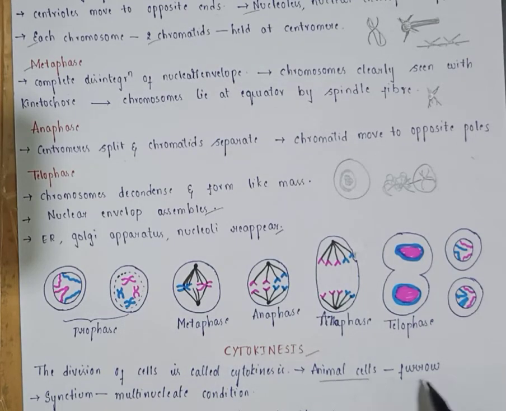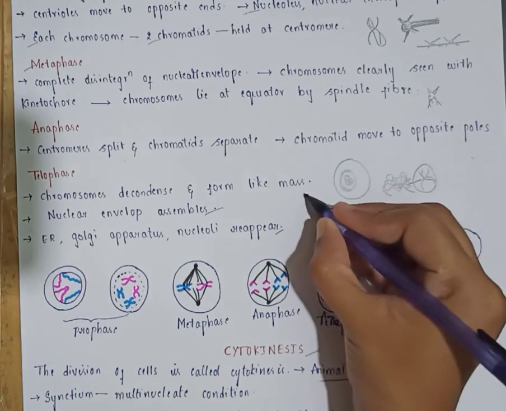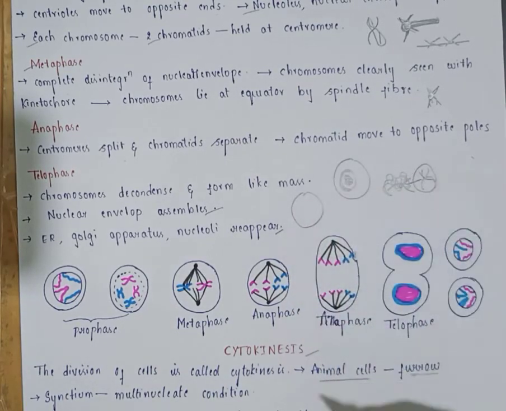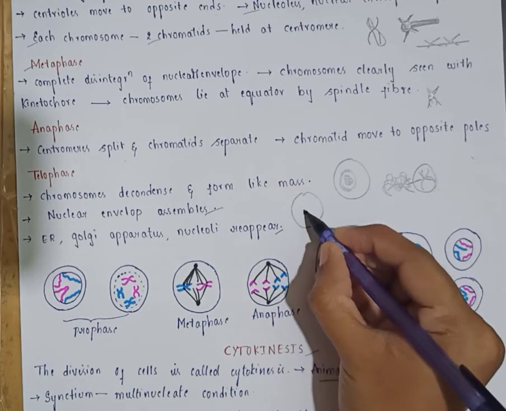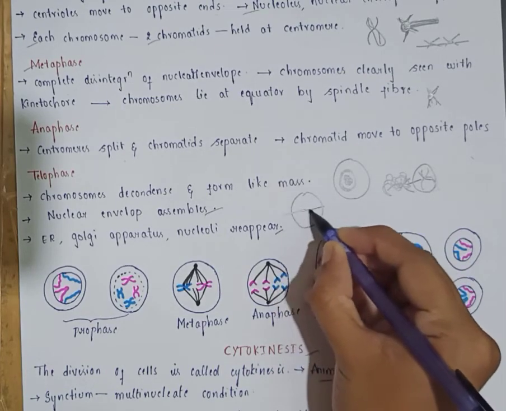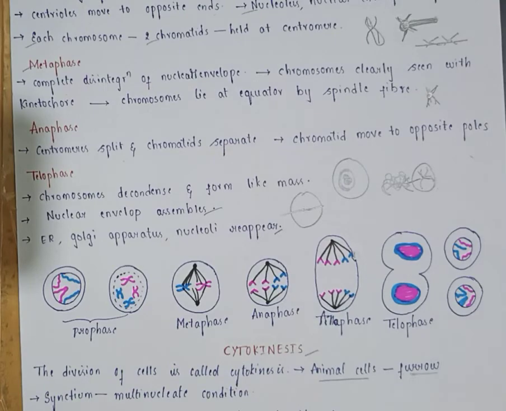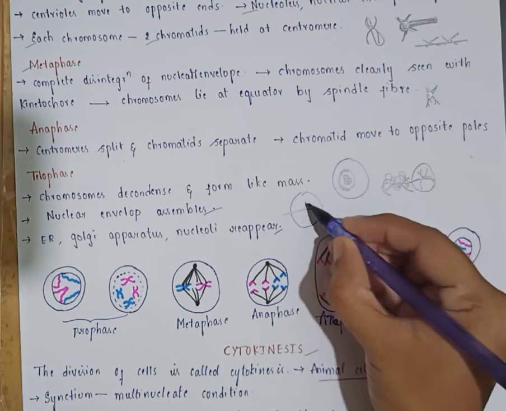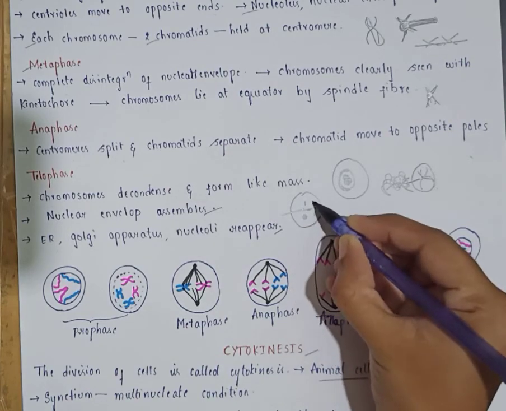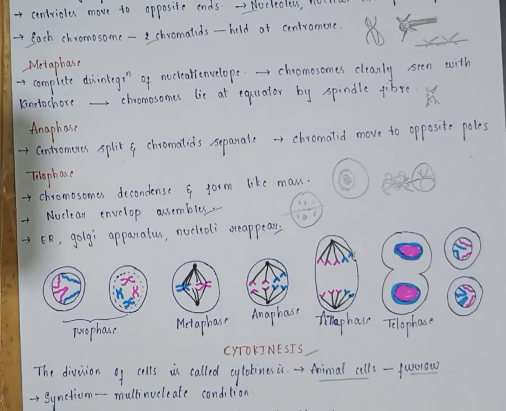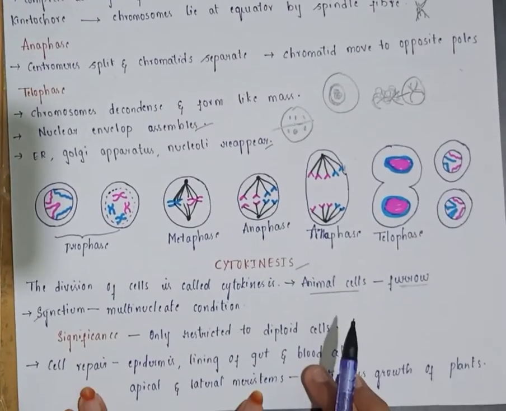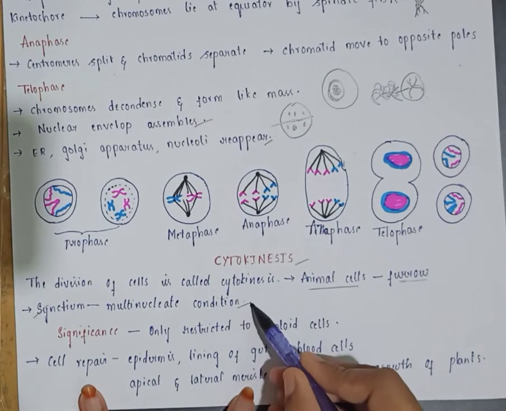In animals, if we take this as a cell, the furrow appears in the center and extends outwards and divides the cell into two equal masses. If cytokinesis does not occur, the cell contains multiple nuclei in the same cell. This is called a syncytium, which is a multinucleate condition.